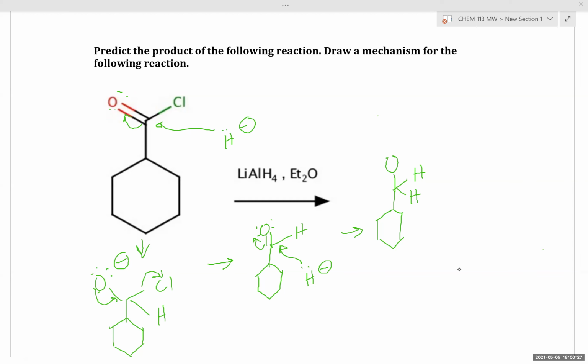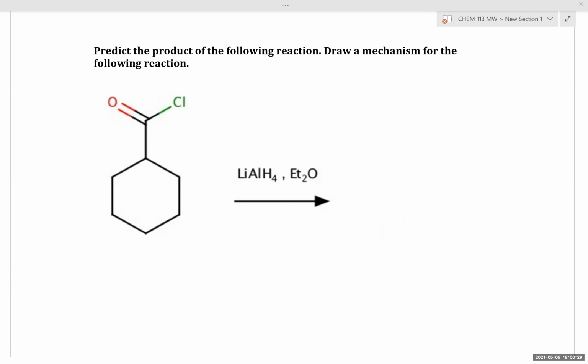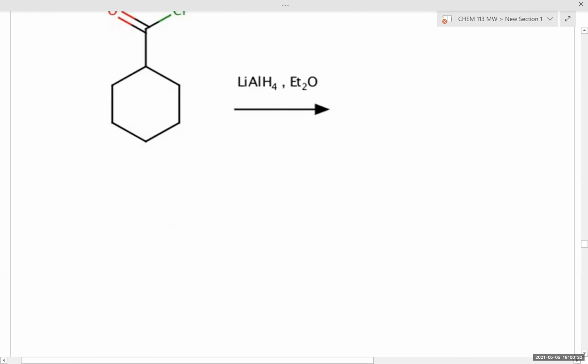So let me just clear those annotations and let me redraw this mechanism, so that way we have an instructor key when we export this note set. So we have our acyl chloride, our hydride equivalent will readily attack our electrophilic carbonyl carbon.